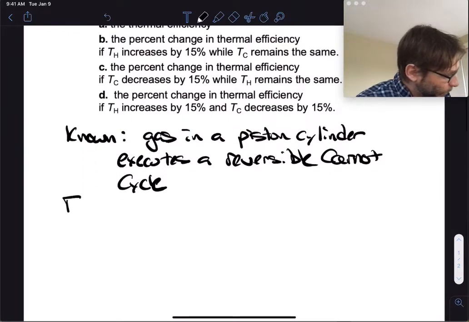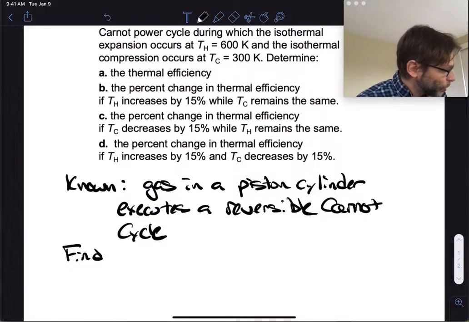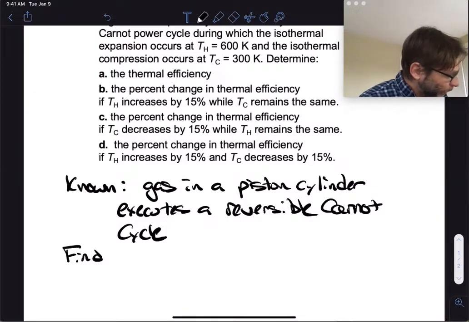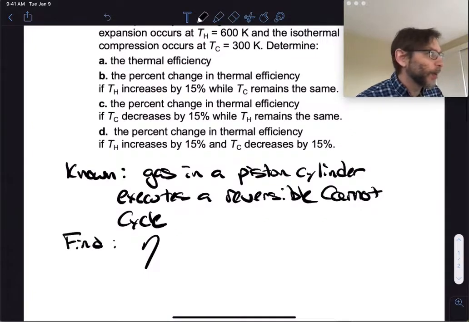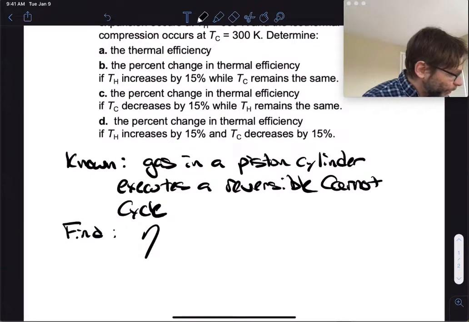What we need to find for these different situations is the thermal efficiency, which we'll call eta, and then we need to see changes in eta.